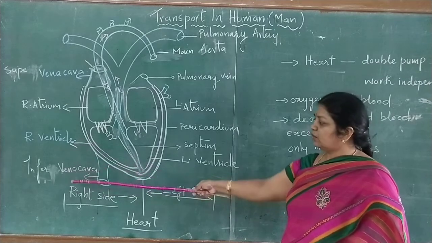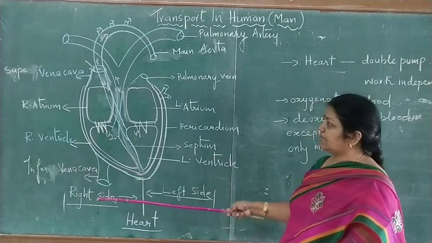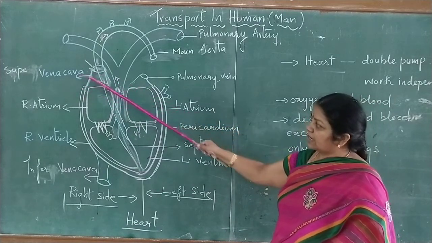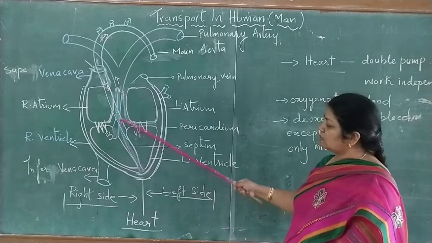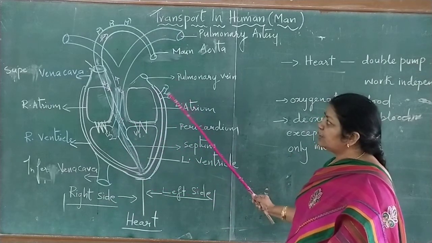The lower one, the inferior vena cava, collects blood from the legs, and from the head the upper portion, the superior vena cava, collects the blood. So you can see how the heart is divided into different parts.